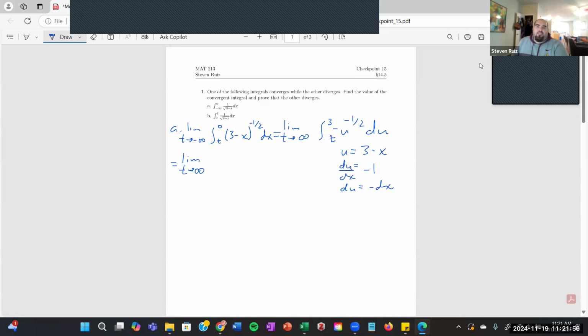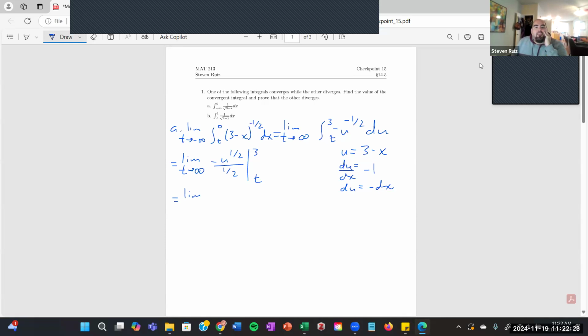If we add 1 to that, we get negative u to the 1/2 over 1/2, evaluated from t to 3. And now that we've done the u substitution and we've dealt with the limits, we don't ever have to go back to looking at this in terms of x. So now we can evaluate this at the limits.